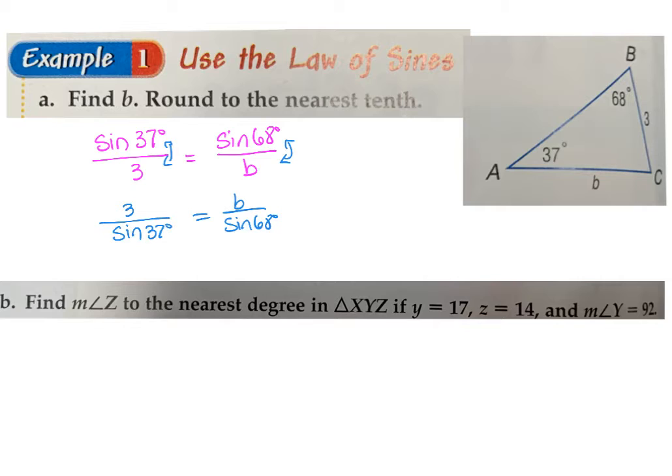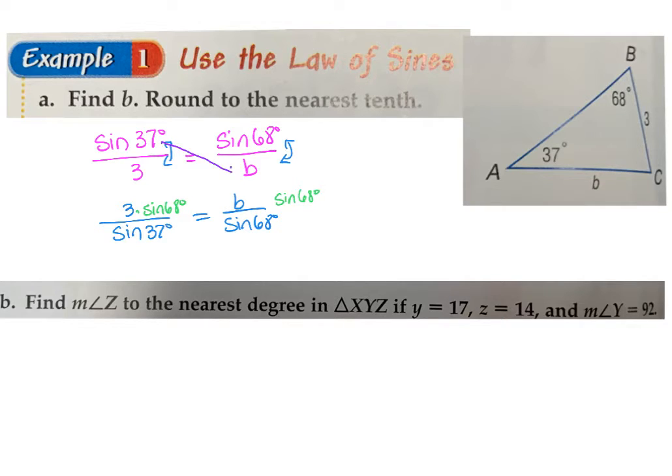So how do I solve for b? You can cross multiply, so you can just multiply by the sine of 68 here. I'm going to show you two ways to do this. You end up with 3 times the sine of 68 divided by the sine of 37. If you didn't want to reciprocate it, you can cross multiply with just your ratios like we did for bell work.